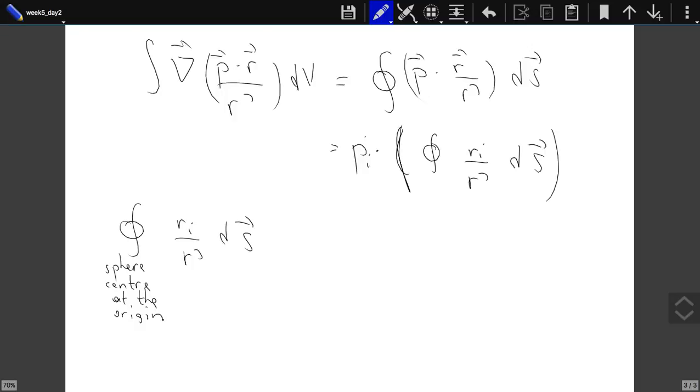If it's a sphere with center at the origin, this is equal to ri over r cubed, r being the radius of the sphere. ds is something in the r hat direction. Is that simplified? Not really.